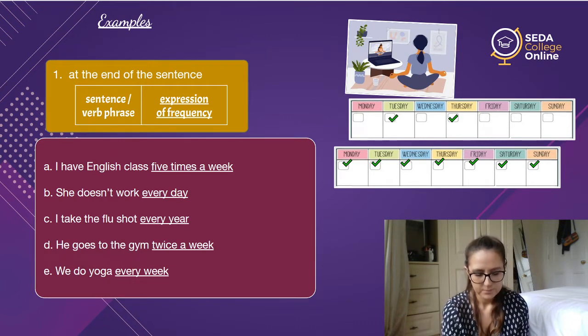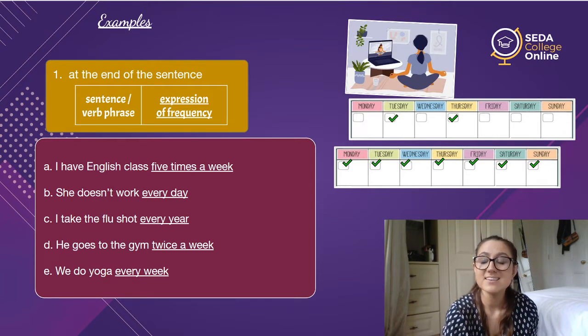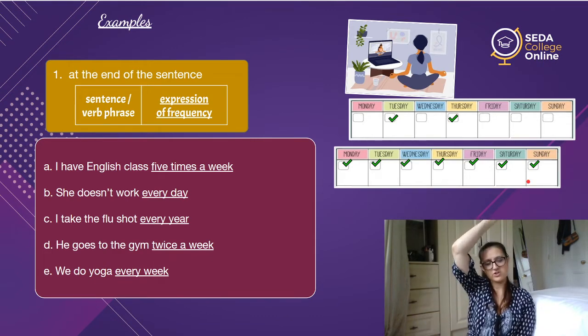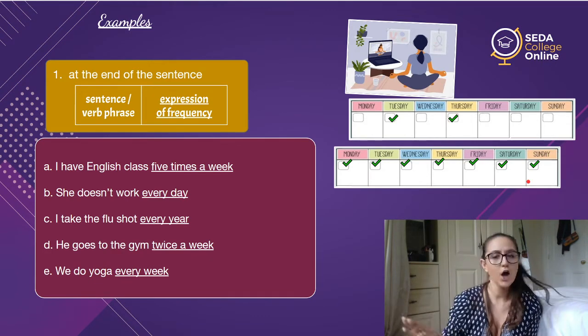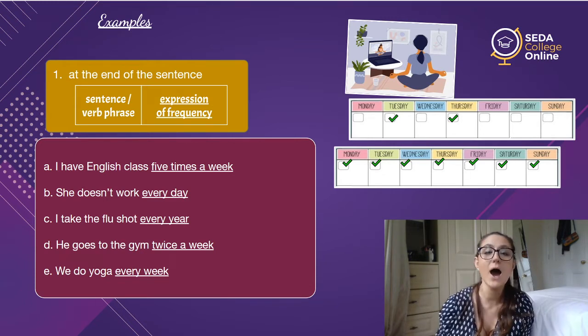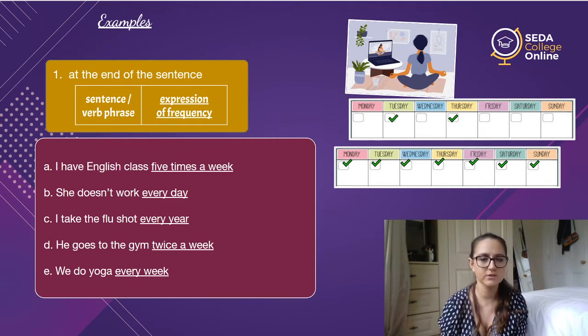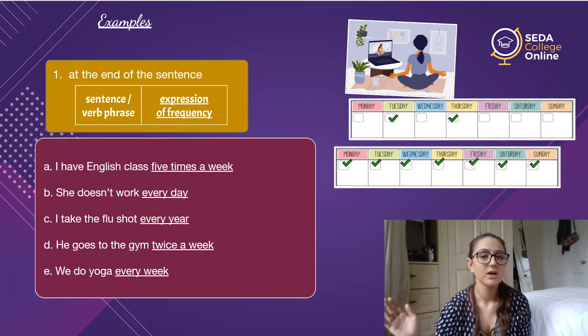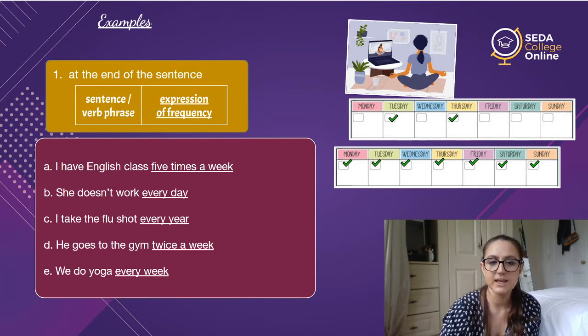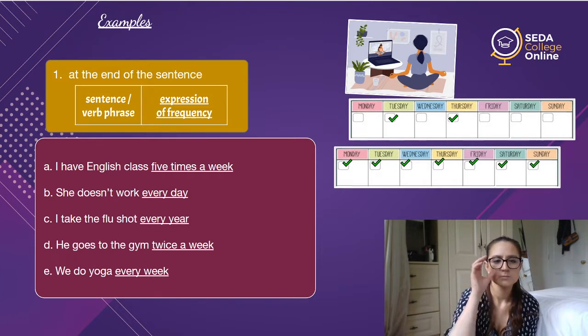Or, she doesn't work every day. So we have here all the days checked, but she does not work every day. We don't know how many, but she does not work every day. Teacher Gabby doesn't work every day of the week, right? Only works 6, for example.